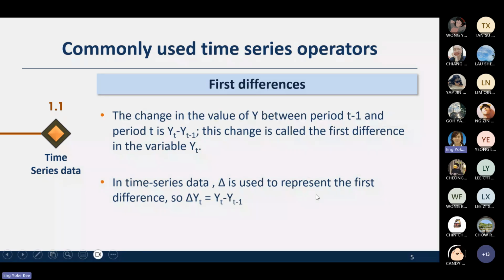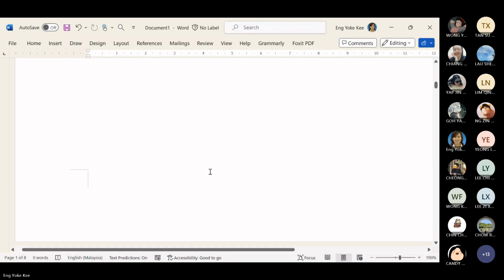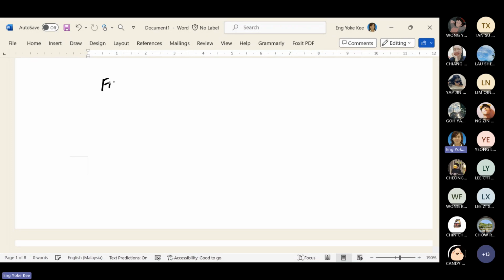Another time series operator that we normally use in practice is what we call first differences. The notation here is the triangle.